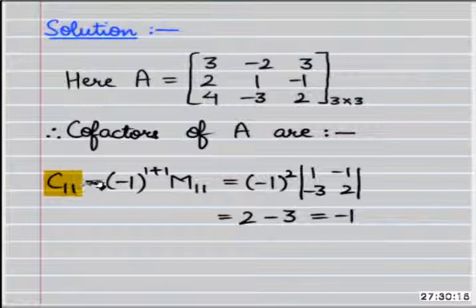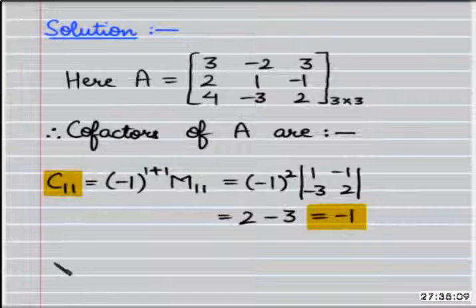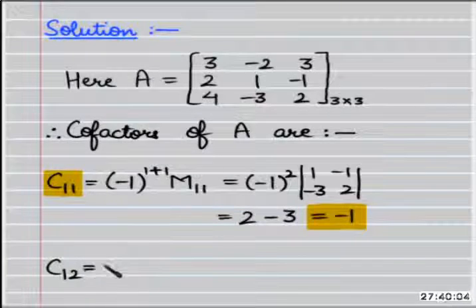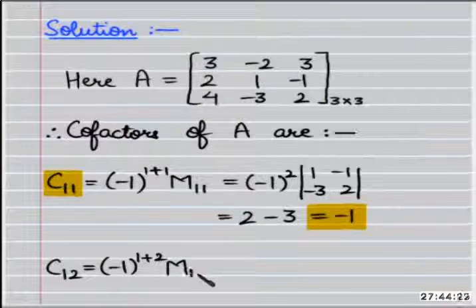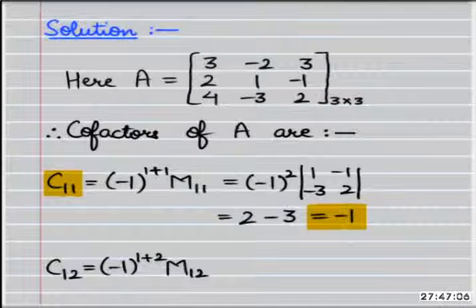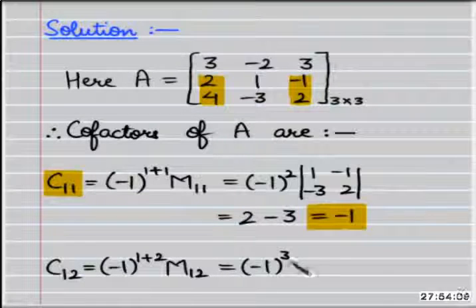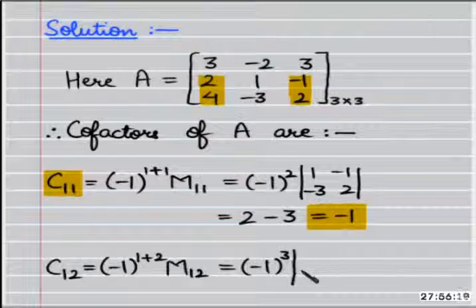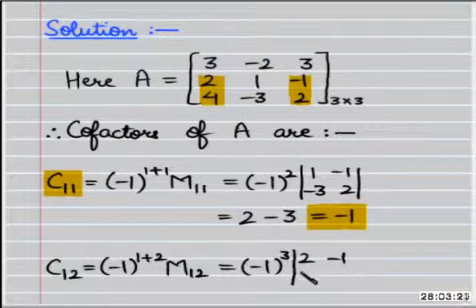Therefore, here C11 is equal to minus 1. Similarly, C12 will be equal to minus 1 raised to the power 1 plus 2 into M12, which is equal to minus 1 raised to the power 3 into determinant, whose first row elements are 2 and minus 1 and second row elements are 4 and 2.